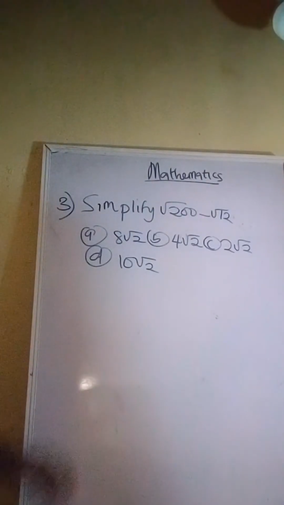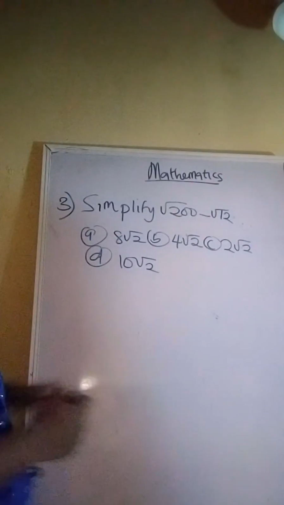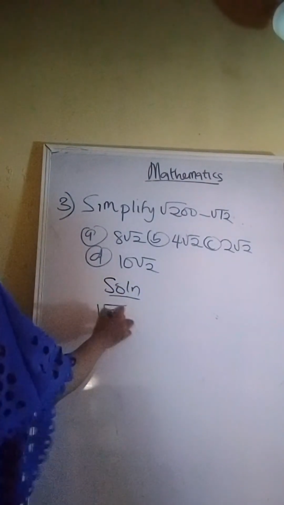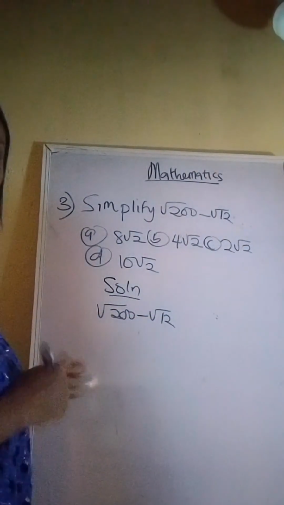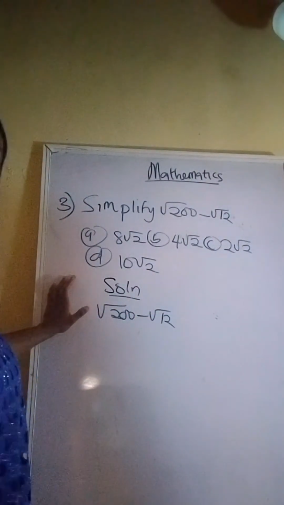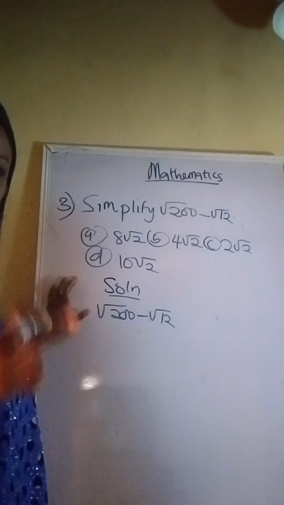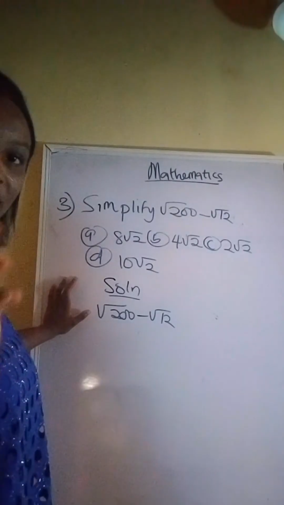So now we have to simplify root 200 minus root 12. Very straightforward. To get root 200, there are two numbers you are going to multiply to get 200, and one of them has to be a perfect square.